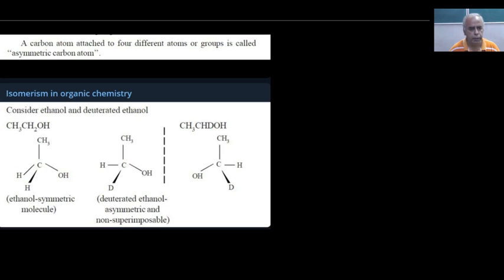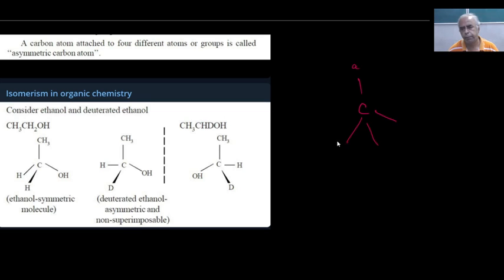Right. Next. A carbon atom attached to 4 different atoms. What is that? The carbon atom attached to 4 different atoms can be called what? The asymmetric carbon atom. That is a carbon atom that is attached to different atoms or groups of atoms.